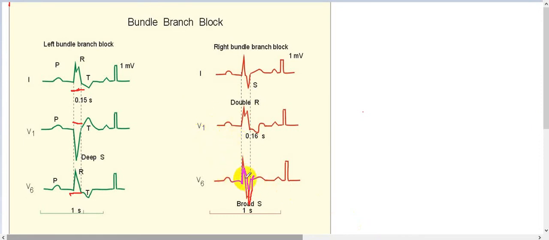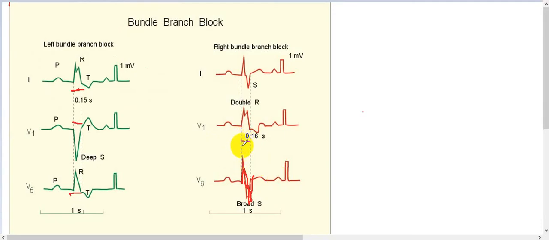So you see in V6 there's a late slurred S wave, and that can be seen in right bundle branch block. And you see here the QRS is wide, showing a delay in the right ventricular depolarization. The QRS is wide.